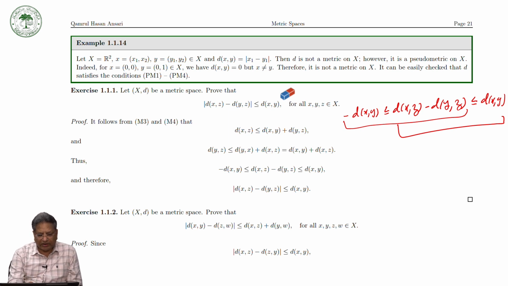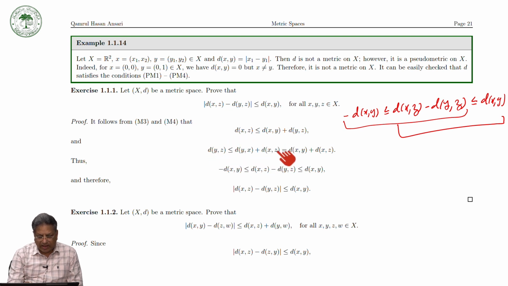How can we do it? We can do it in this way: d(x,z) is less than or equal to d(x,y) plus d(y,z), by the triangle inequality. And of course we can write d(y,z) is less than or equal to d(y,x) plus d(x,z), again by the triangle inequality.